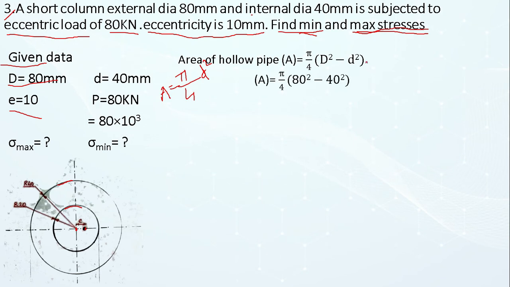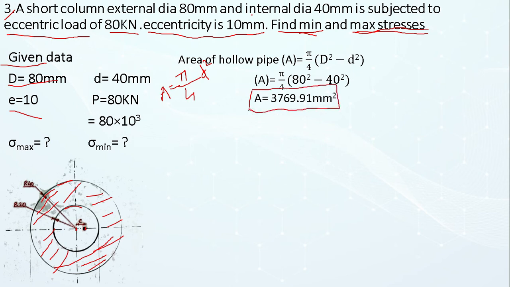So put the values in this equation. Therefore, the cross section area means this much of area, pi by 4 into external diameter 80 square minus internal diameter 40 square. Therefore, cross sectional area A is equal to 3769.91 mm square.